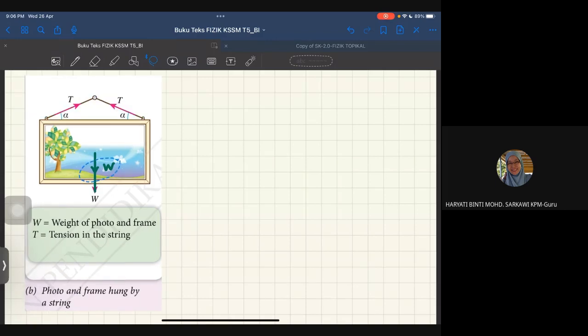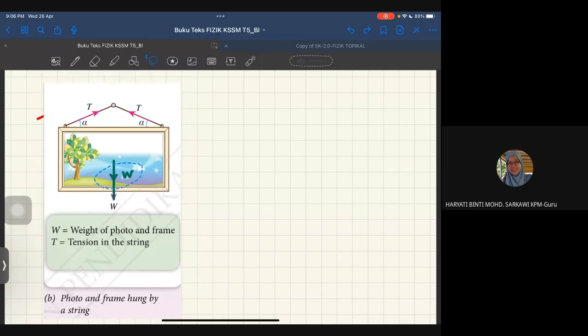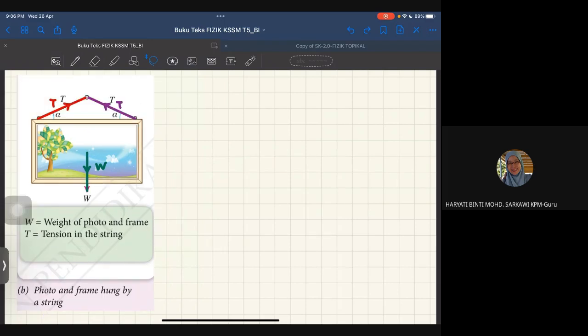Why moving like this? Technical error. Kejap. Okay, so let's say sekali lagi class I try. Cannot. Alright lah, so I just use the same color.